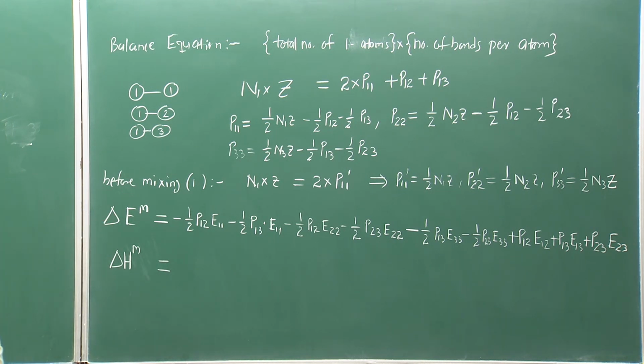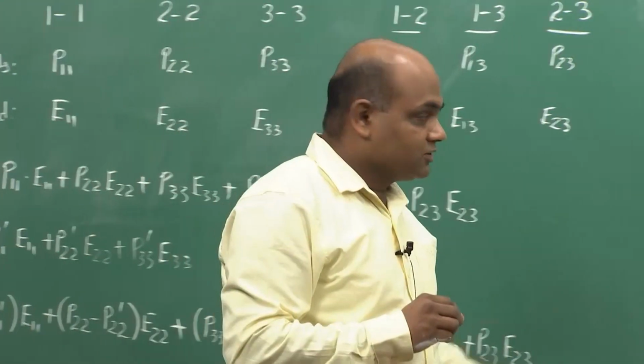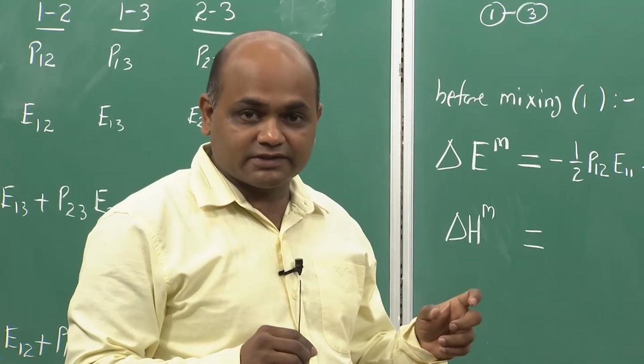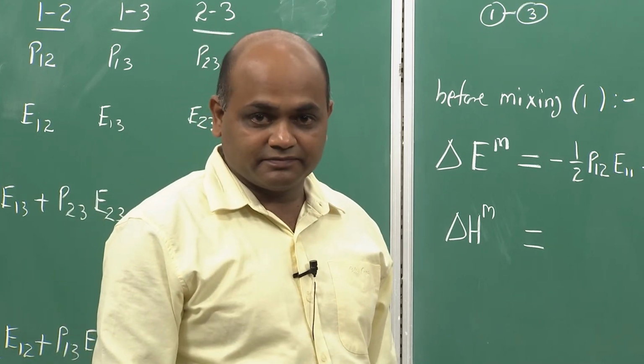Sir, how can we assume that the coordination number for all the three types of atoms can be the same? Okay, so that is a good question. There is an assumption that we are making here. We are starting with the same crystal structure as the crystal structure of the solution, right.